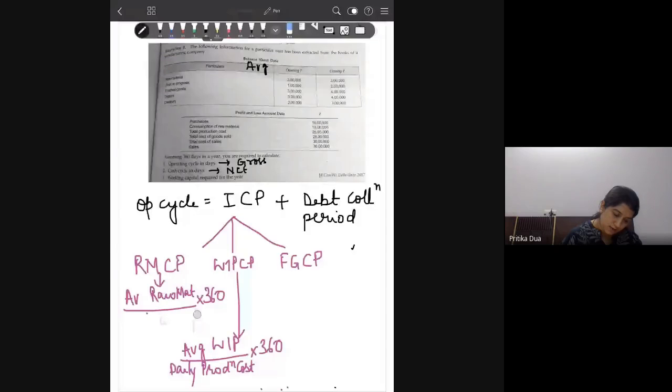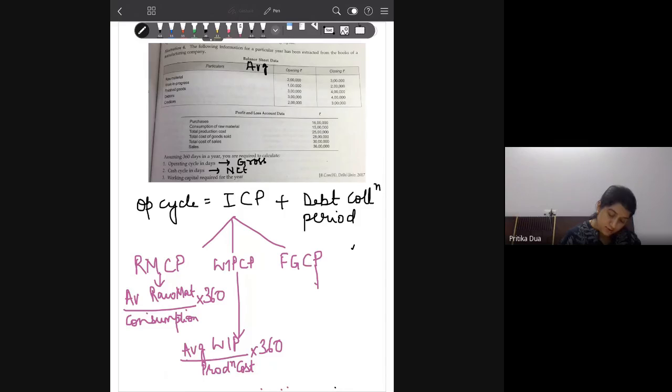Since we are taking this into 360, raw material will be the purchases. We assume that all purchases and sales, if nothing is mentioned in the question, are on credit basis. So here, consumption of raw material. There's no need to calculate the daily consumption. You will put the consumption into 360. And also you take the production cost, daily term is not required.